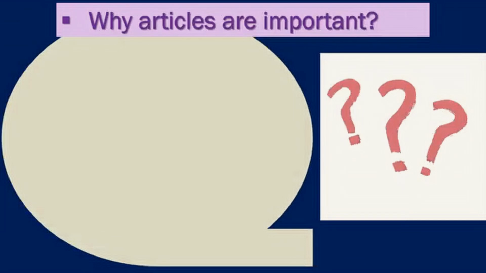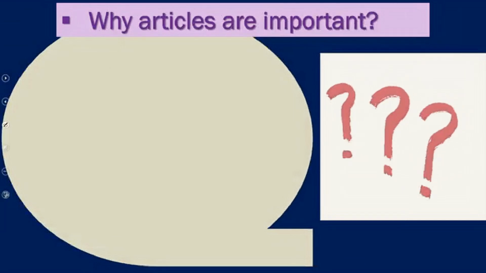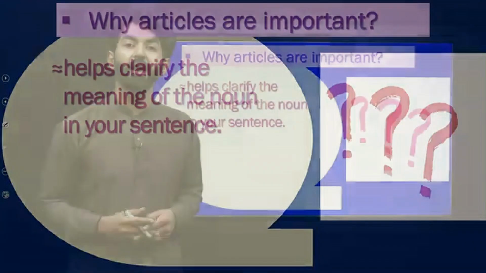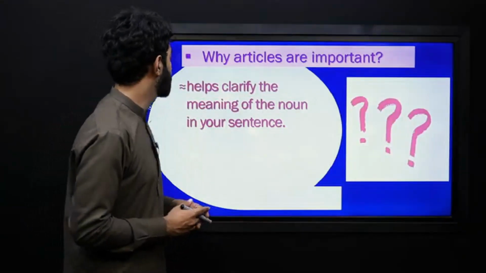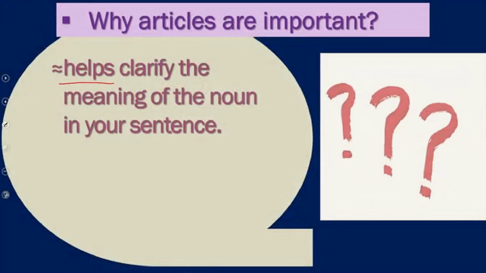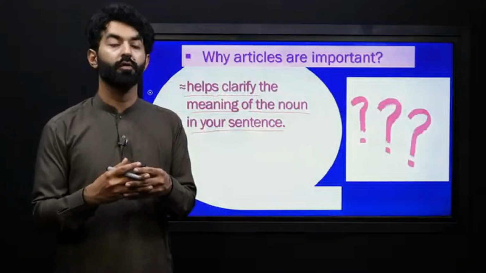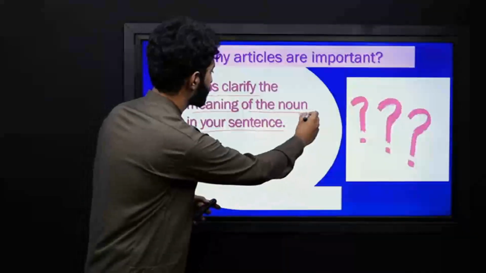So now let's see what are articles. Let's revise. So why are articles important? Why do we use them in our sentences, in our speech? Let's see. Articles help us clarify the meaning of the noun in our sentences. So what does it do? It clarifies the meaning of the noun.